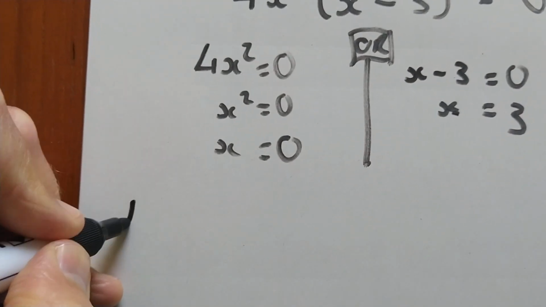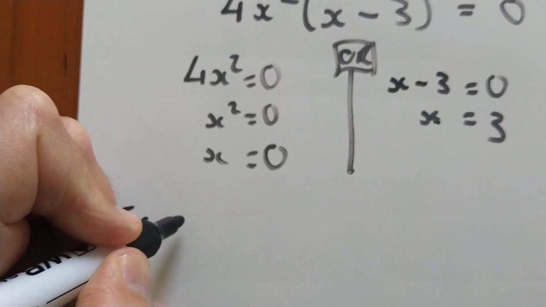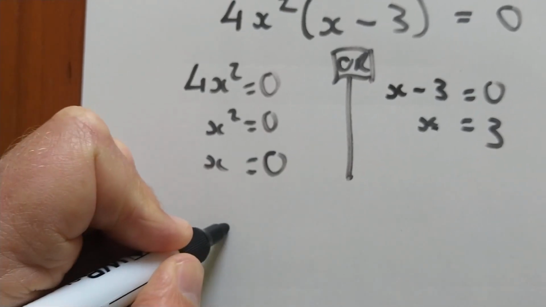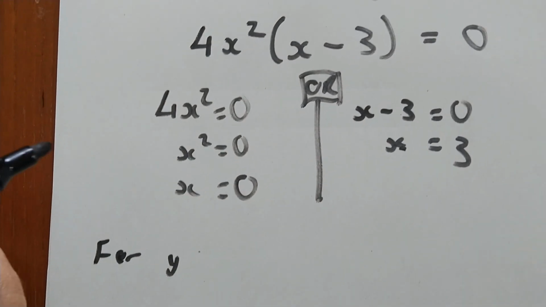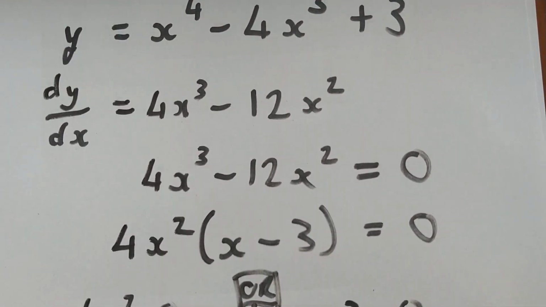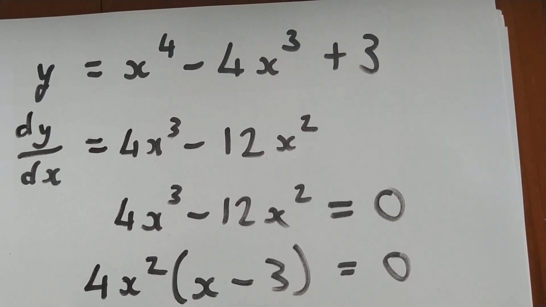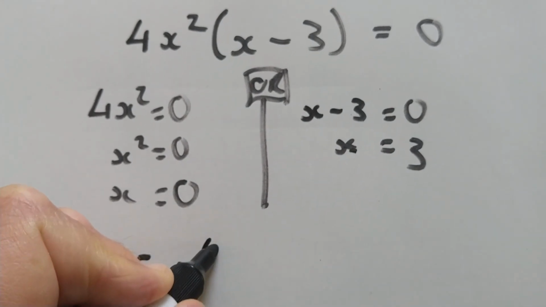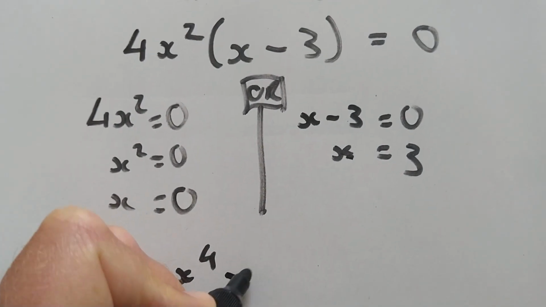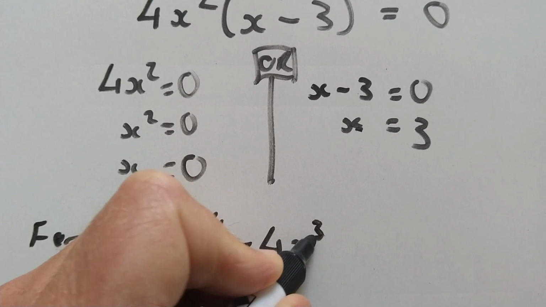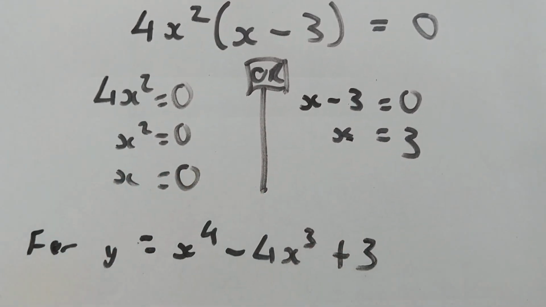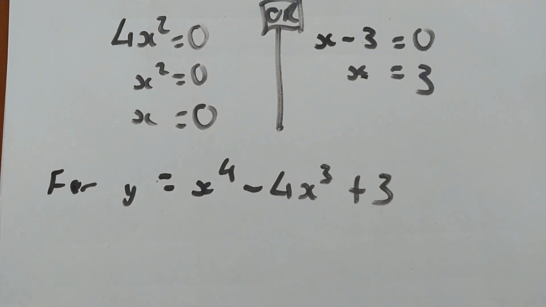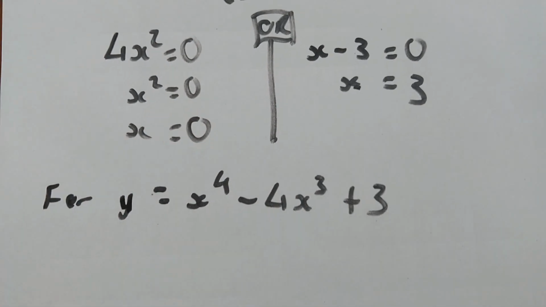So I'm going to say for y, x to the power of 4 minus 4x cubed plus 3, because y equals this.